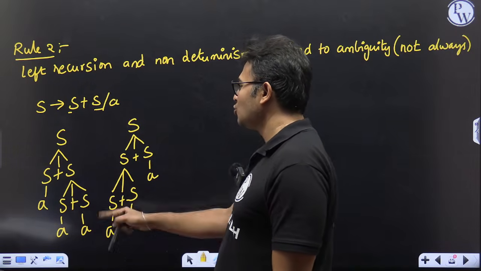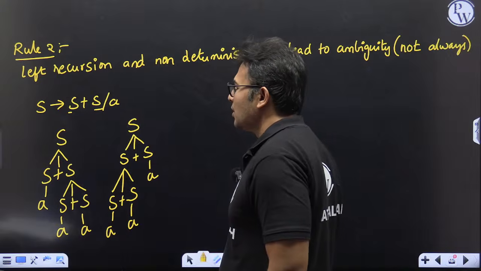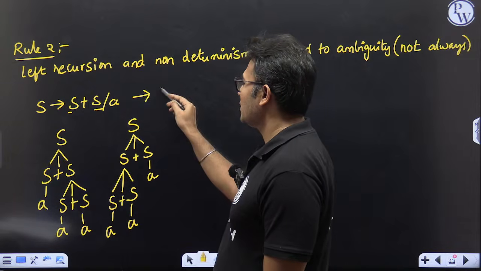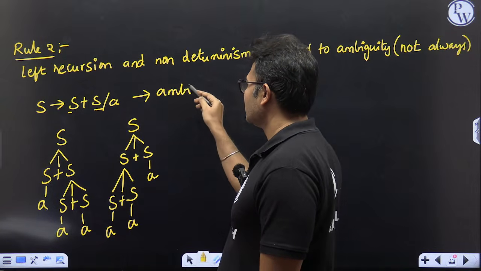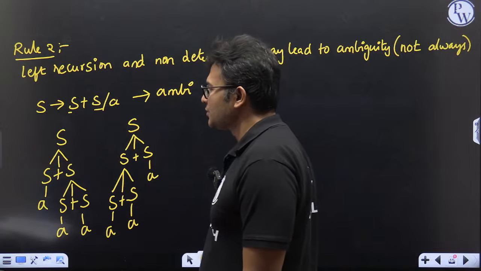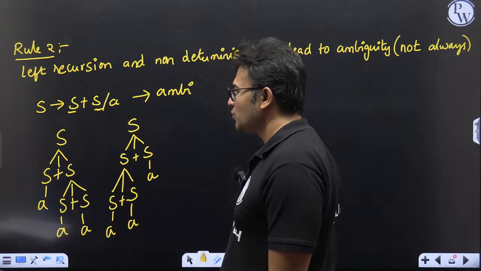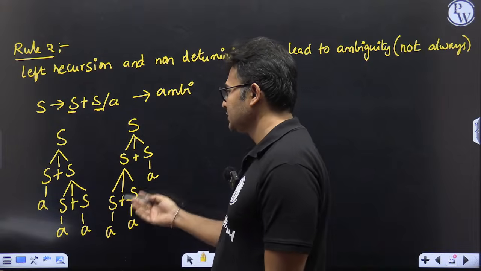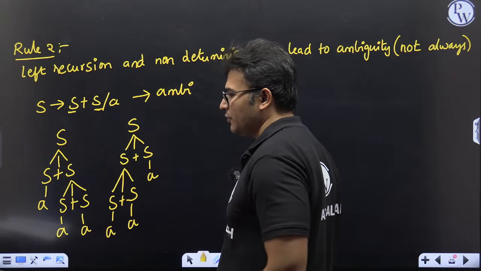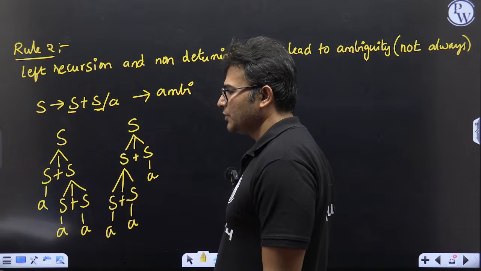So we got two parse trees for the same string. Therefore, this language is ambiguous because it is both left recursive and right recursive. So the tree is growing to the left side once and to the right side once. Right? That is why this is ambiguous.